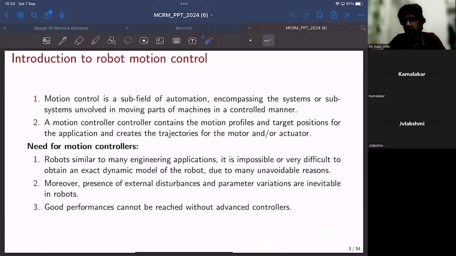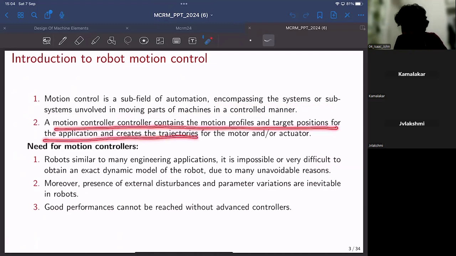If it is deviating away from it, some sort of corrective mechanism has to be deployed so that it is brought back to the desired trajectory. So it's a subfield of automation encompassing the systems or subsystems involved in moving parts of machines in a controlled manner. Second, a motion controller contains the motion profiles and target positions for the application and creates trajectories for the motor or actuators.